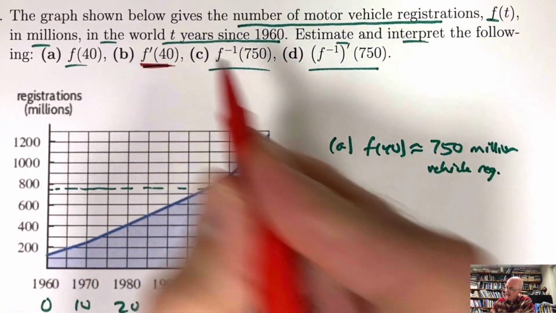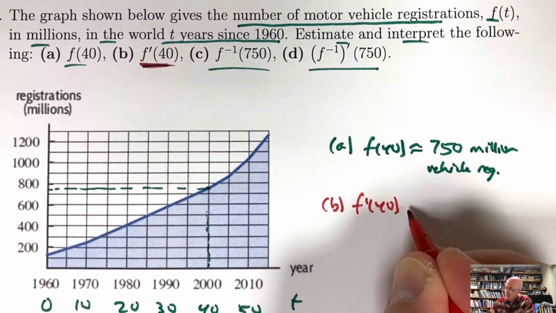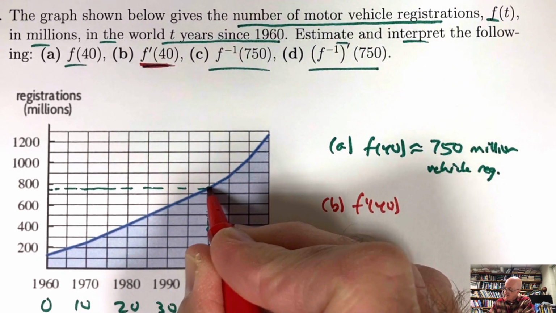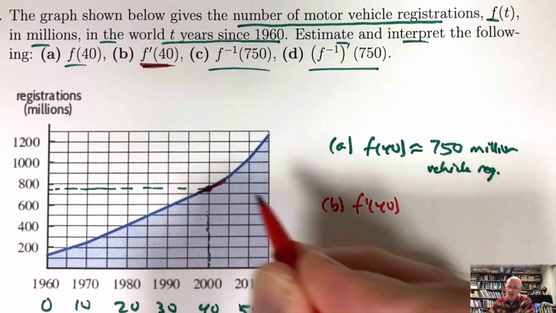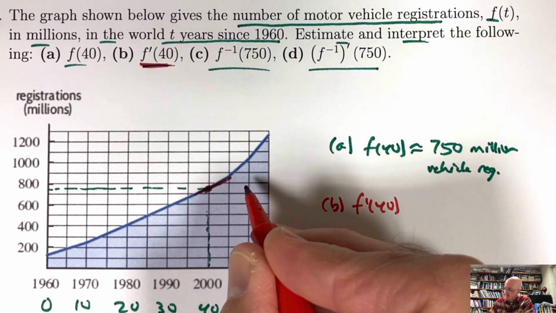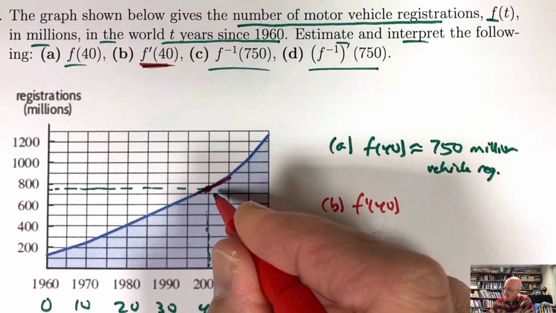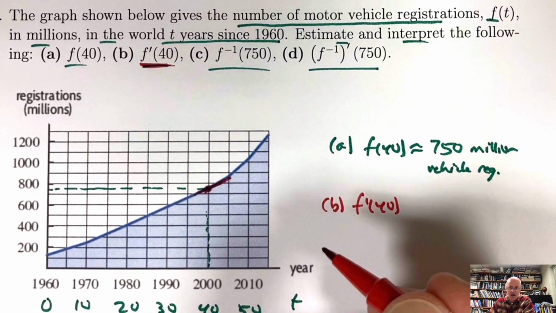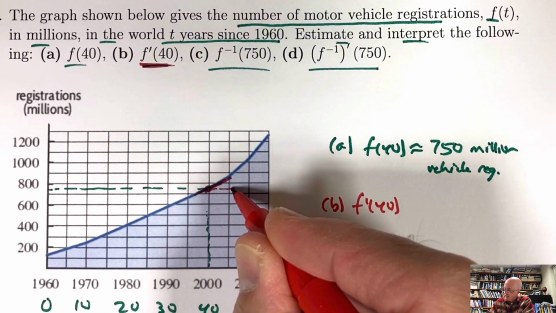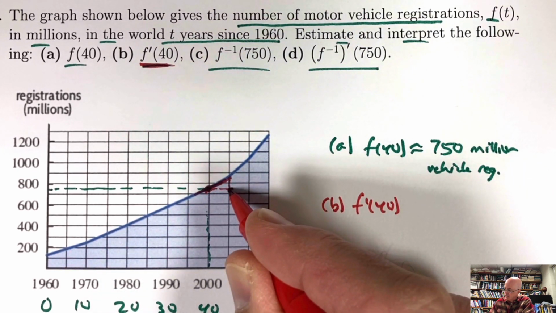Part B, f prime of 40. We would have to interpret that as a slope. We don't have a graph of f prime. It's the slope of the tangent line here. We could try to draw a reasonable tangent line, estimate its slope, change in y over change in t in this case. If you let t increase by 5 from t equals 40 to t equals 45, say, how much does y, the number of registrations, increase?